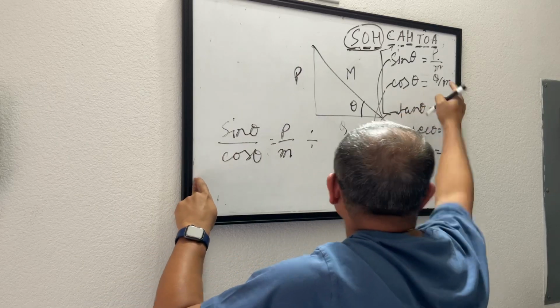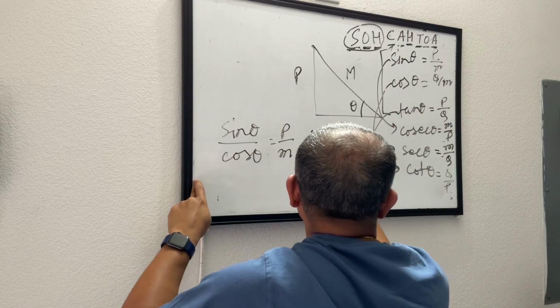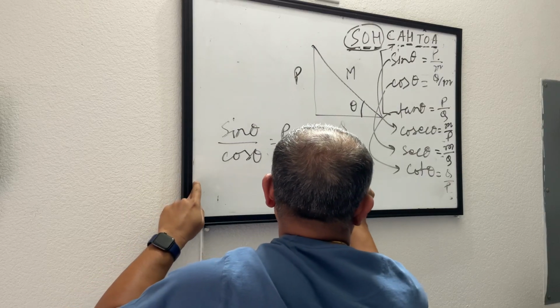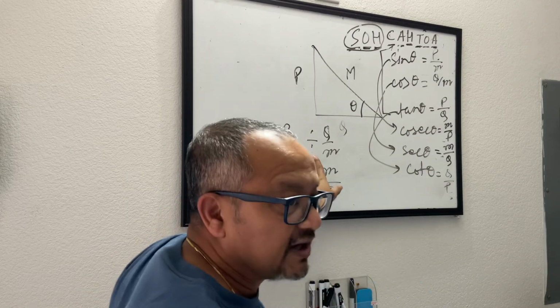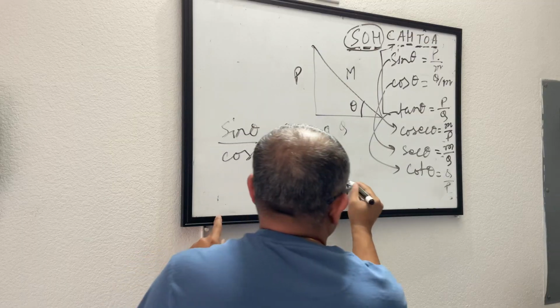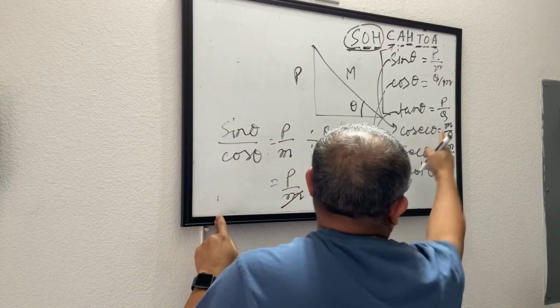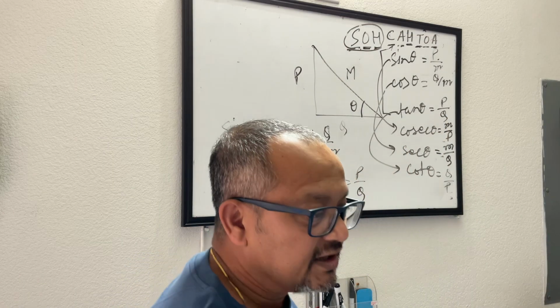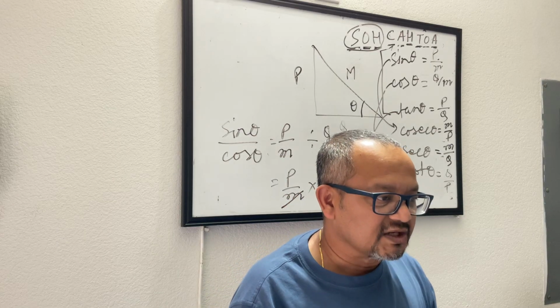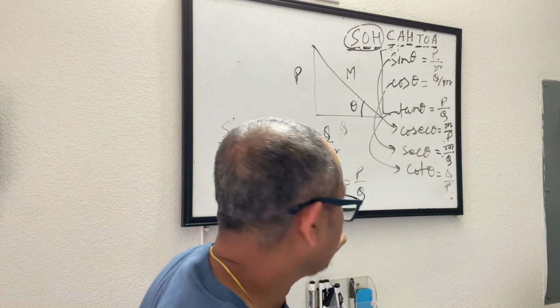Cosine is Q by M. So this becomes P by M into M by Q. I'm just doing fraction multiplication. This M and this M cancel out, P by Q. This is what we saw as tan theta. So sine theta by cos theta is equal to tan theta. And you're not believing me just because I said so. We just saw it happening. Yeah?